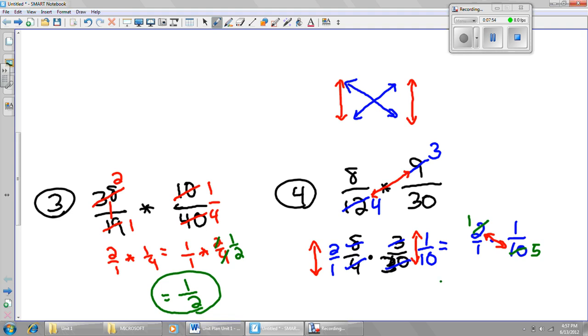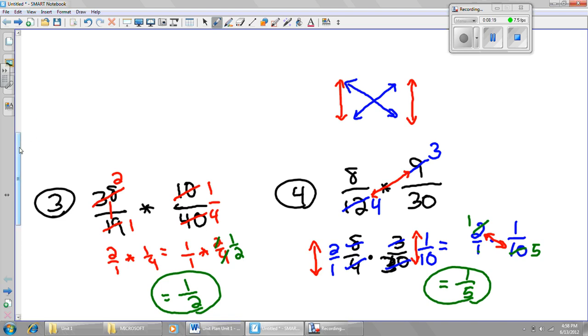Now, you won't be able to simplify in all 4 directions on every single problem, but if you check all 4 directions and do it correctly, your problem becomes much, much easier. 1 times 1 is 1. 1 times 5 is 5. My answer is 1/5. 8/12 times 9/30 is 1/5.